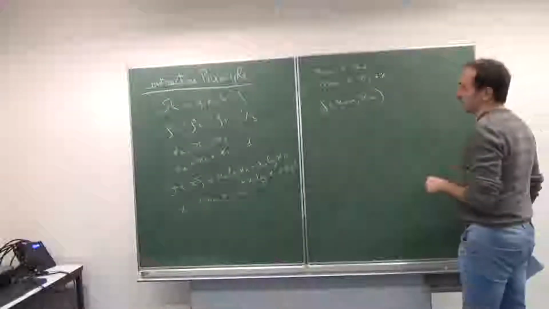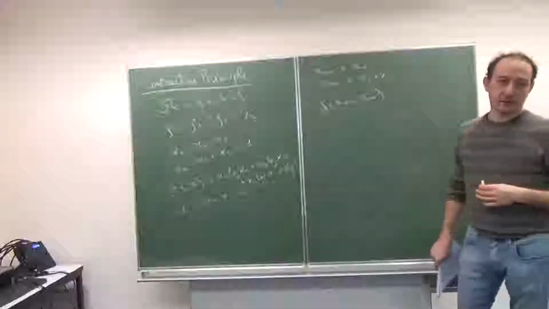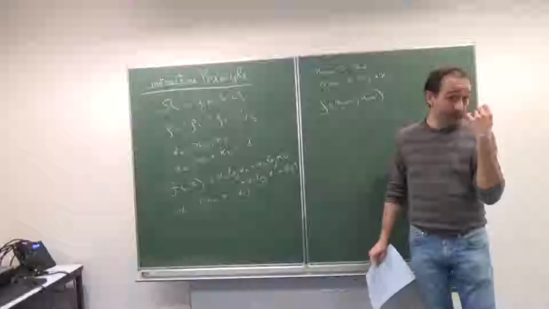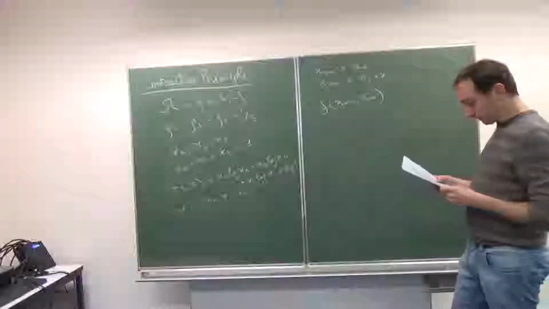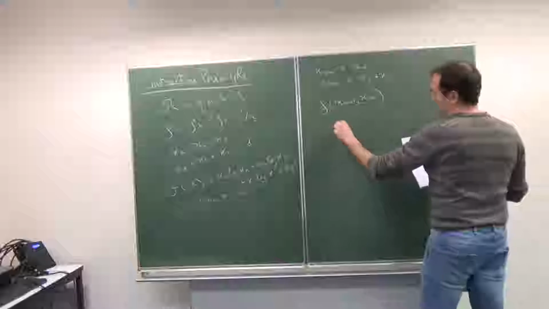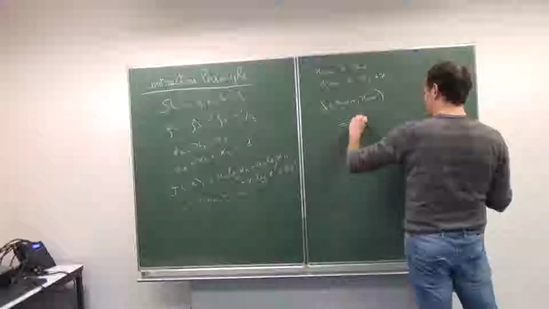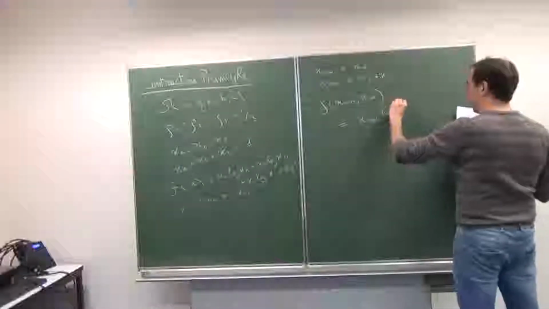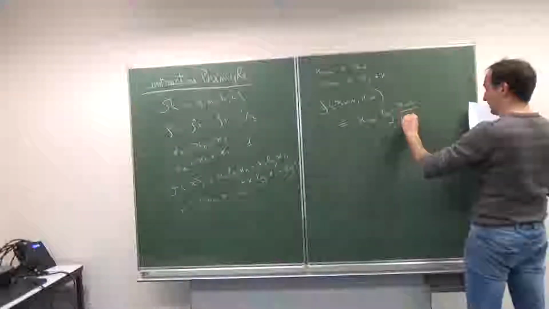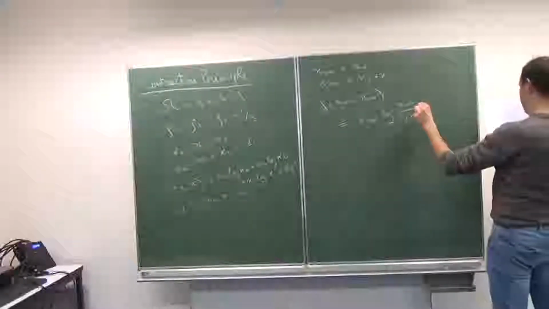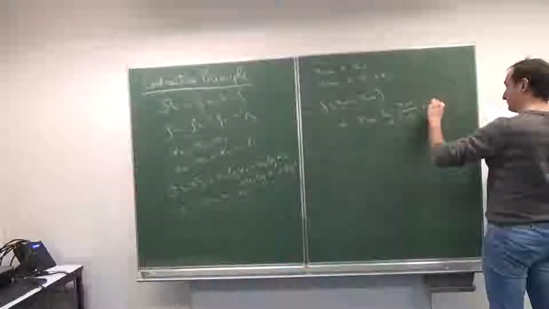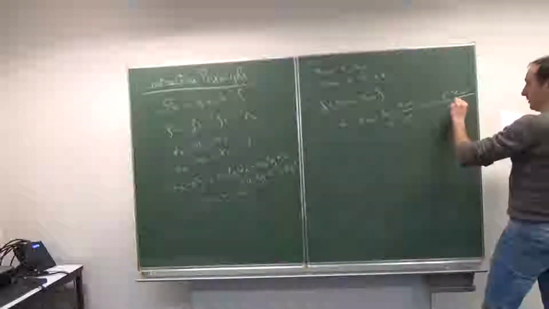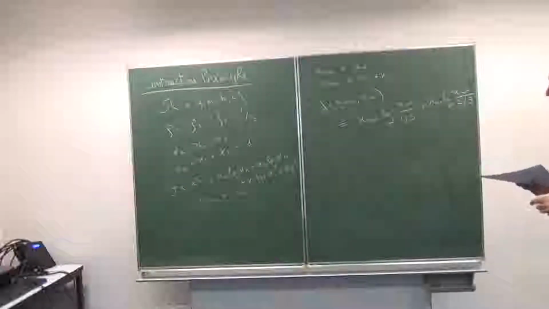Okay. The question is, well, we can derive it directly from the formula that we already have of the relative entropy, of course. We know that this is going to be x vowel log x vowel over 1/3, and then x consonant log x consonant over 2/3.